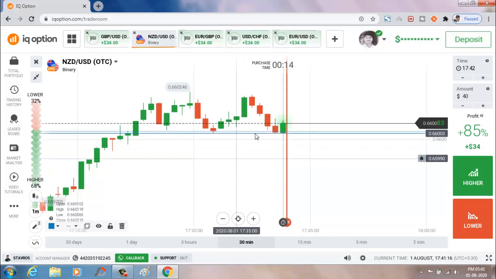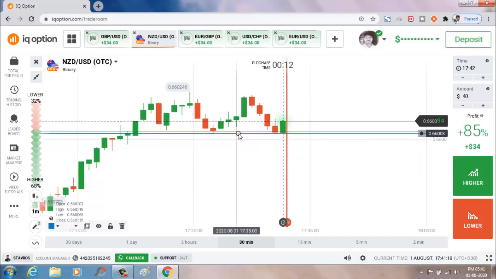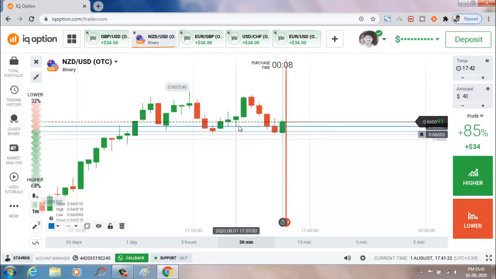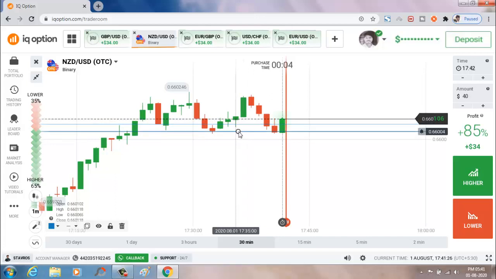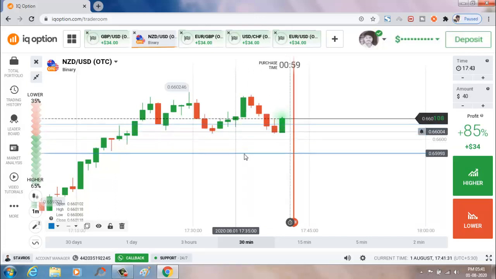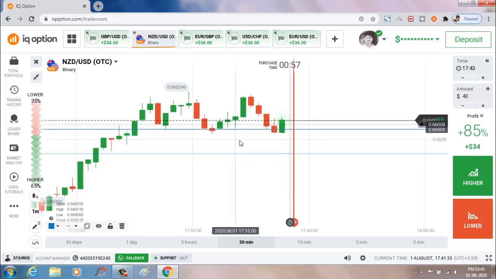This is a reversal point. Okay, I will try for a perfect analysis.